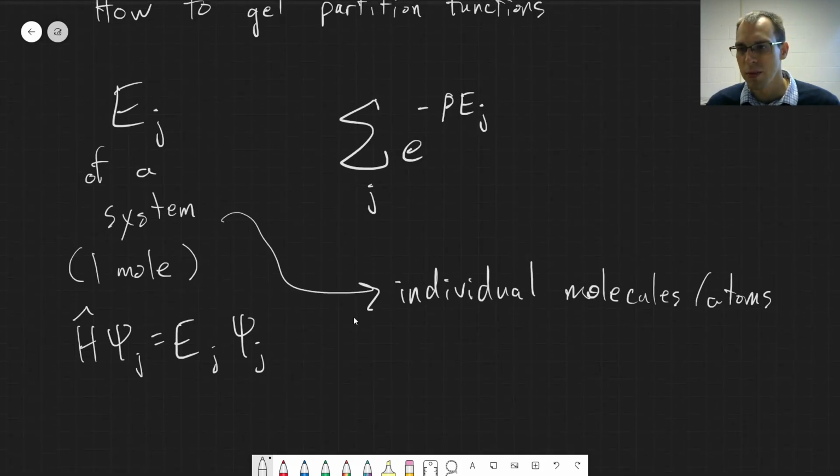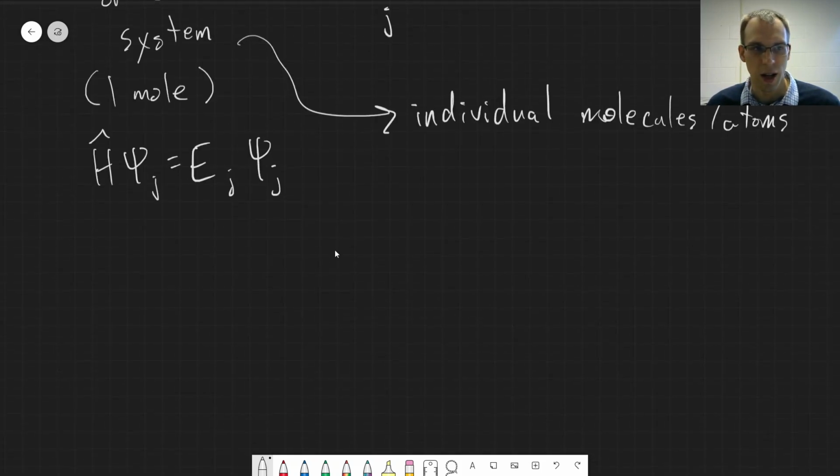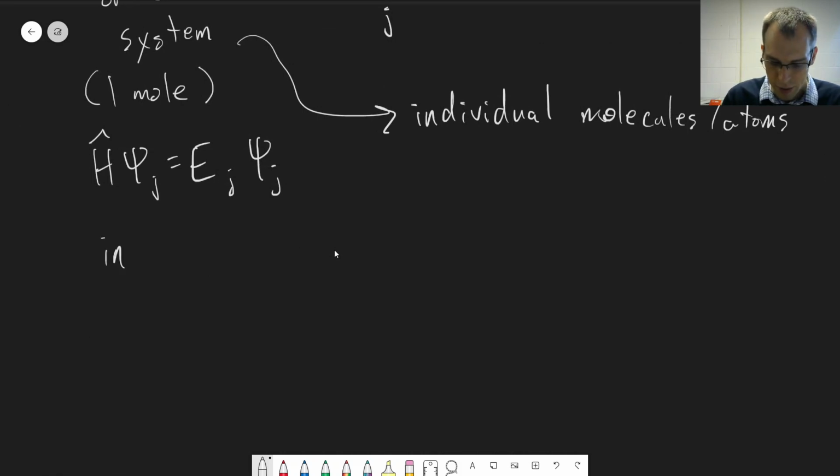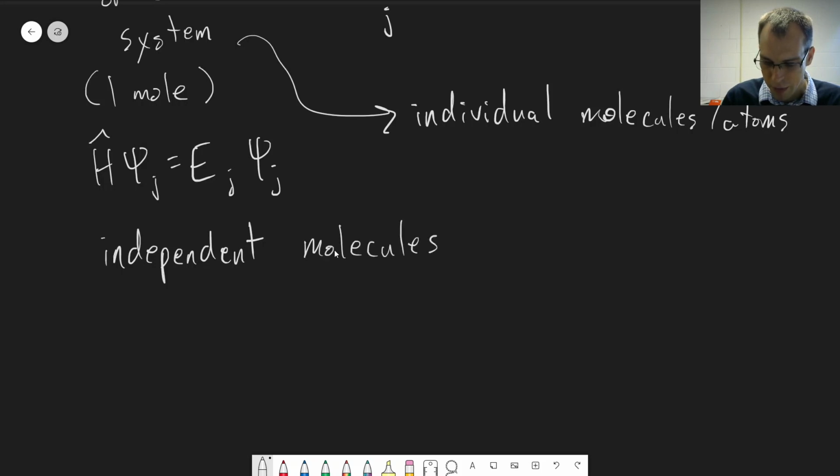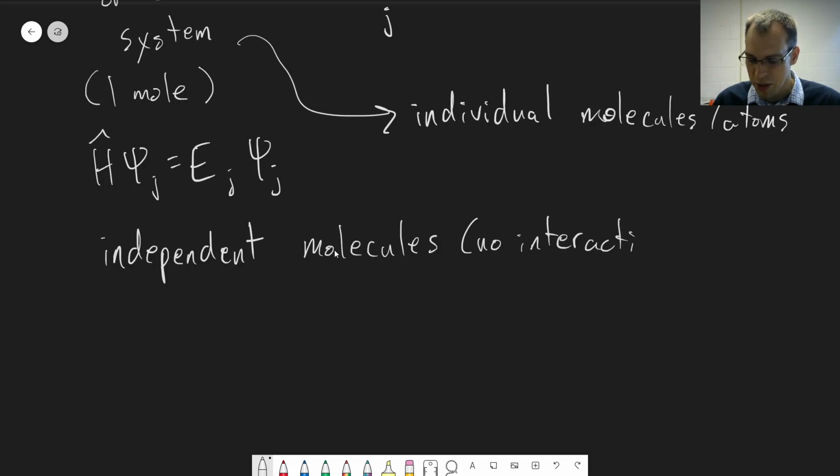So in our discussion, we are going to consider only independent molecules where they don't interact with each other. That simplifies things. So basically, for all this introduction to statistical mechanics, we're only going to consider ideal gases.